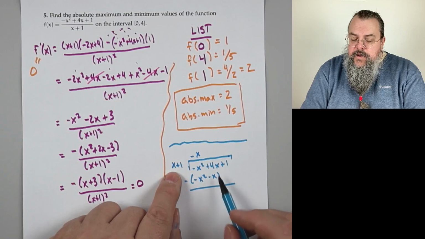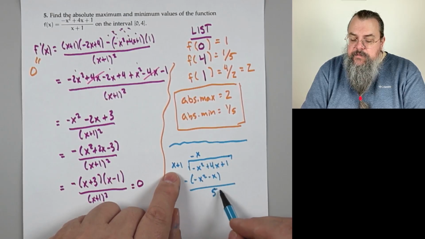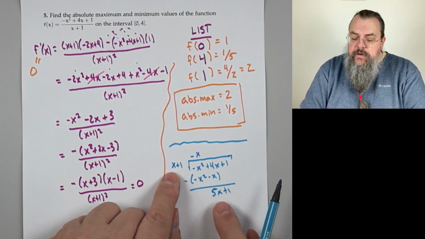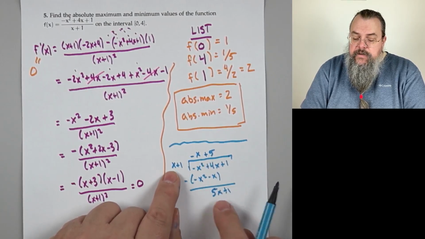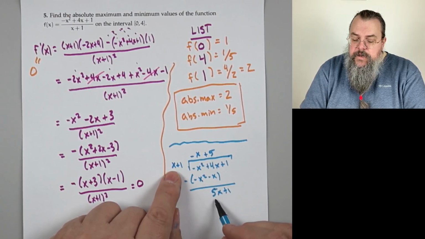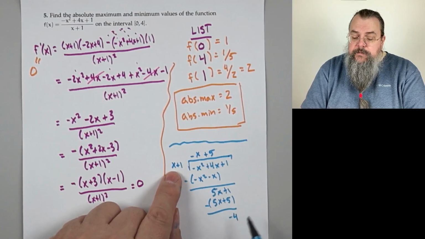And that would leave us with, well, the x squareds cancel. 4x minus x is 5x plus 1. Now I have an x and a 5x, so I should add a 5. And then 5 times x plus 1 will give us 5x plus 5. And we should subtract. The 5x's cancel. 1 subtract 5 is -4.